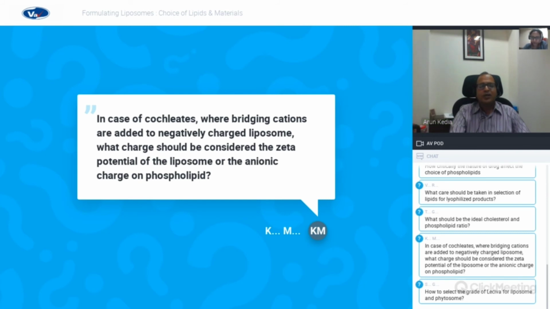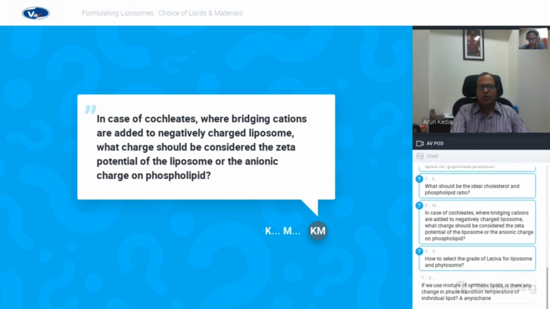Now if you had lyophilized liposomes, for example, then the zeta potential, which is the difference of charge between the liposome or the particle and the surrounding fluid, becomes almost insignificant. The anionic charge on the phospholipid has a biochemical significance, so it will determine the adhesion of the liposome to the specific target cell. So these are independent questions.